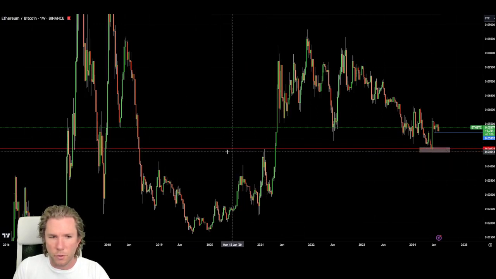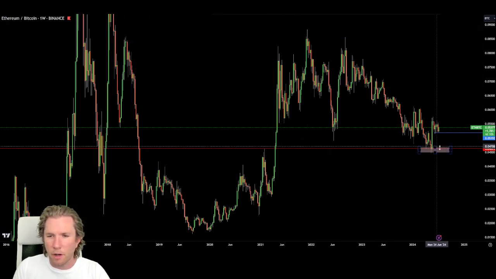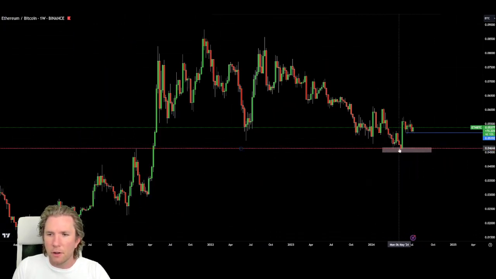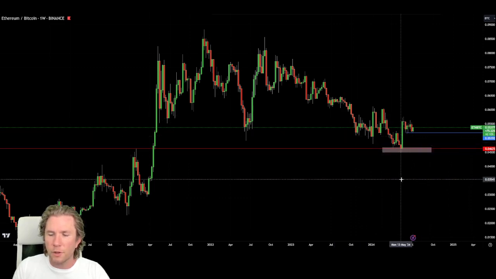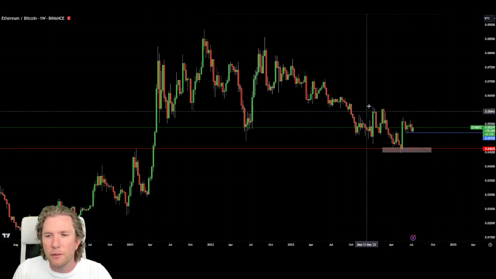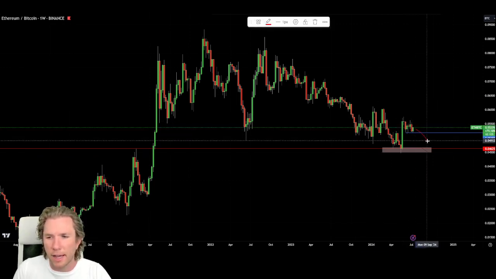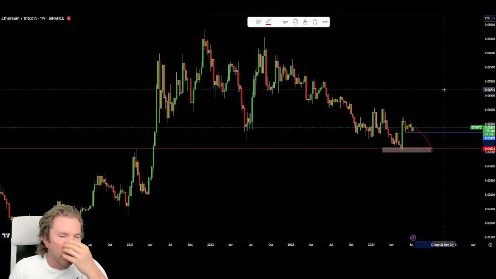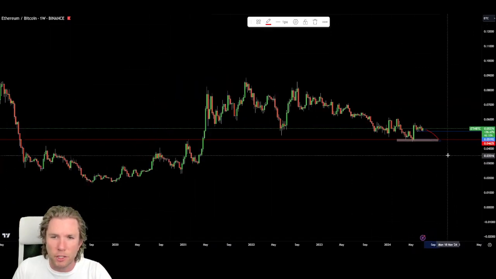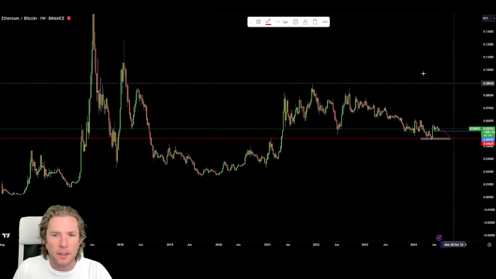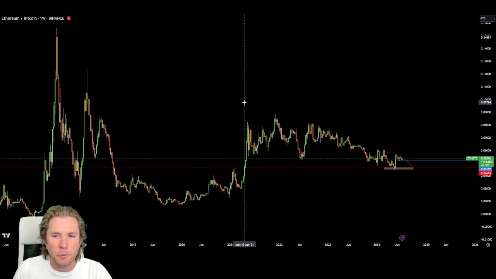It broke this weekly resistance, came back above, came back down to here. Really nice candle down here, and then we got a breakout with the ETF news. Now we've gotten a few of these breakout candles, but it does seem to slow bleed back down for whatever reason. Ethereum just really can't get much mojo going, and I think that it's because mostly of Solana.